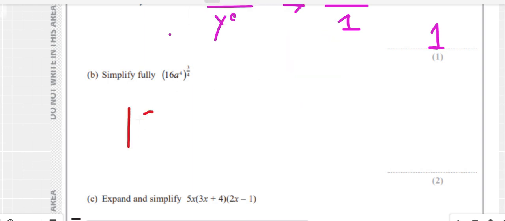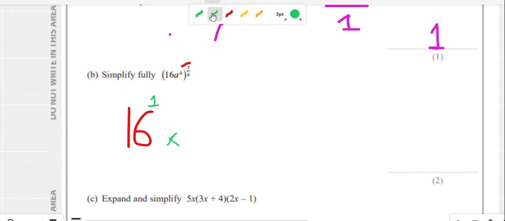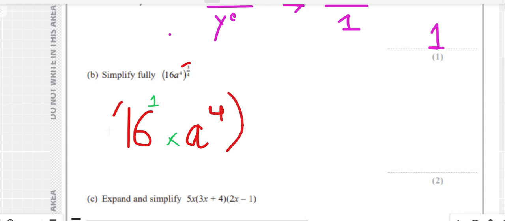According to the rule, we will distribute the power. 16 has what power? It has no power mentioned, which means its power is 1, times a. The a power is 4, so I will write it as it is, to the power of 4.